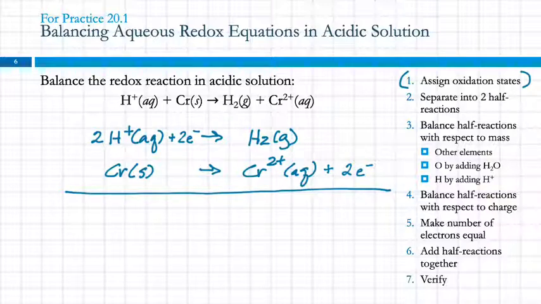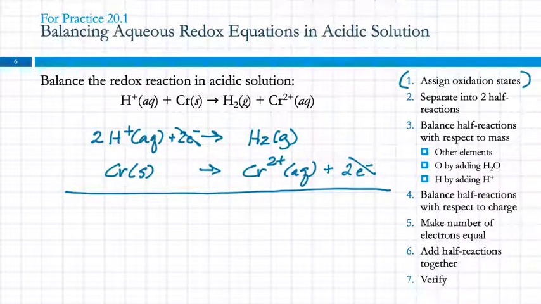And before I add them, I'm going to look and see, are there any things that look like spectators? They appear as reactants and products the same. The electrons? Here I have 2 electrons in the reactants and 2 electrons in the products. So the electrons are always going to go away because we set it up that way.